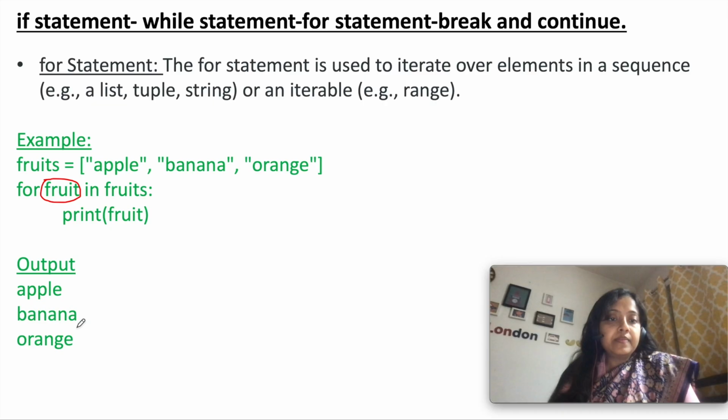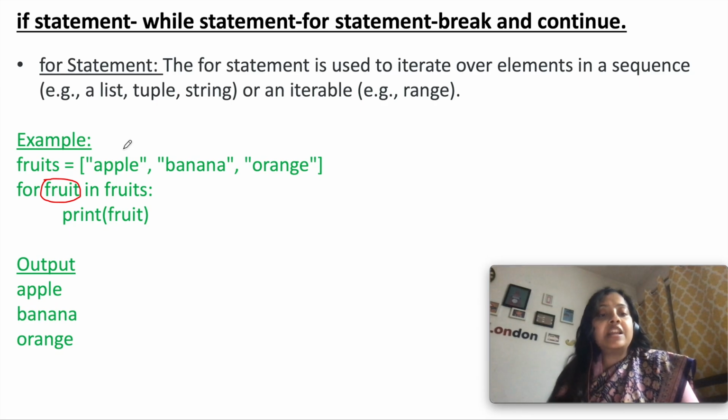In the next iteration, the value of fruit variable is orange. And when we are printing fruit, orange is getting printed here. So basically, the for in loop starts from the first element of that list, and with each and every iteration it moves to the next element until we reach the end of this particular list.